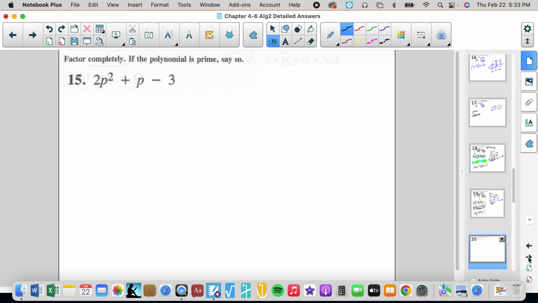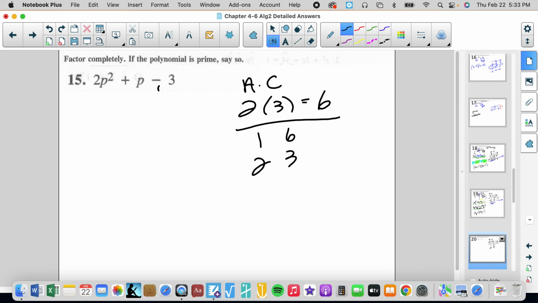Yes, finally, number 15. So a is greater than 1, so we're going to use the a times c technique. 2 times 3. I know that says negative, and we'll use the negative later, but right now we just need to find factors of 6. Factors of 6 are 1 and 6, 2 and 3. The signs are different.